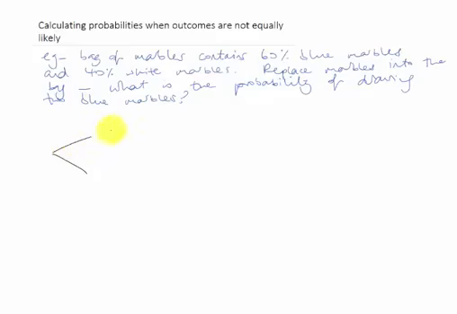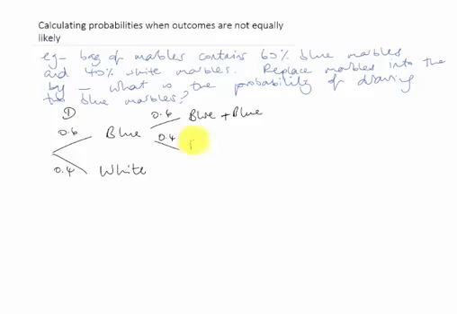So we could draw a blue marble or a white marble, and 60% of the time, so 0.6, we'll get a blue one, and 40%, 0.4, we'll get a white one. So that's our first draw. And then the second time, the same thing will happen again. With 0.6 we've already got a blue, and then we get another blue.